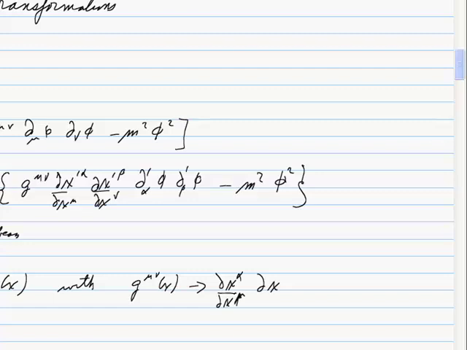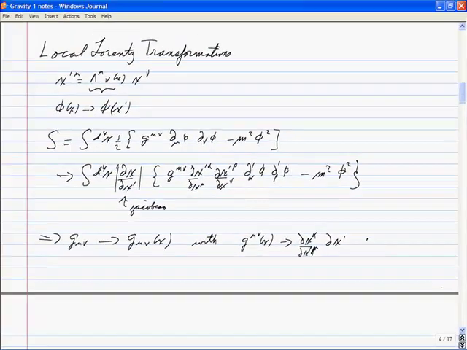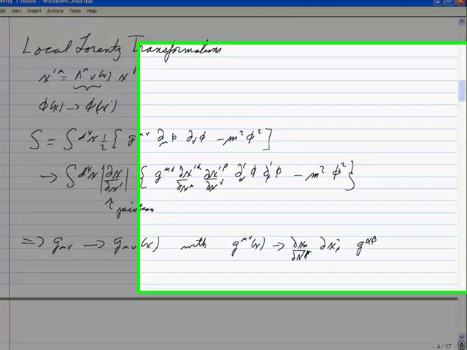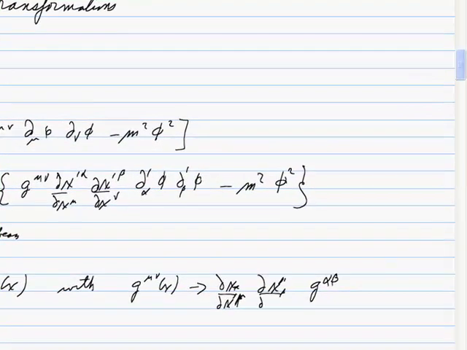So don't trust it perfectly, but the concept is, of course, right. Here's one of the places where I've got my indices up and down a little bit differently. Anyway, that's what my notes claim.